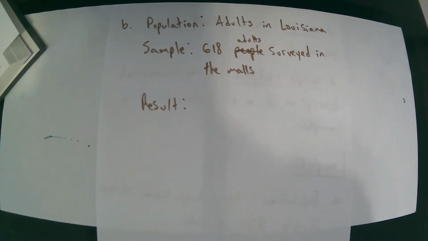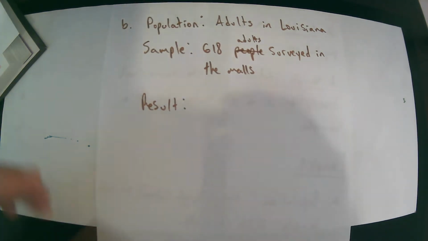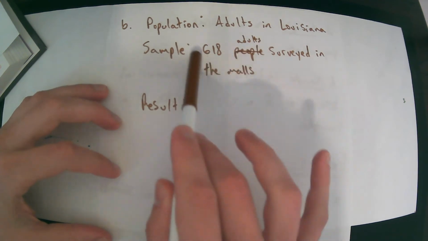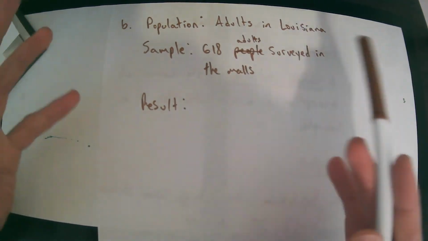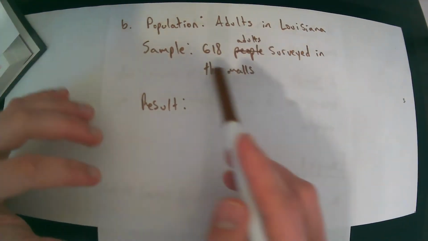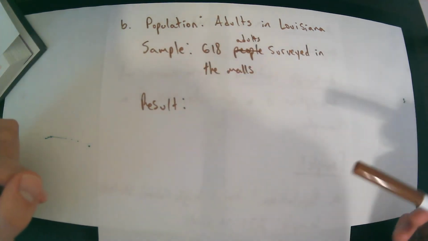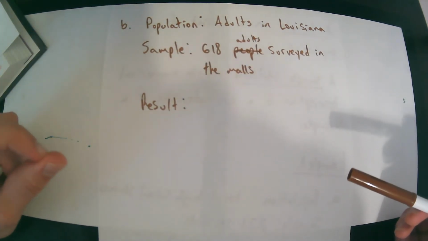It says the resulting report, so they're talking about the report they got from these people, but they're not telling us what the data is. They say the resulting report gives an estimate of 48%. So what they're doing is they're taking the data they got in this sample. They're not telling us what it is, but we're probably to assume that 48% of them were in favor of government regulation.